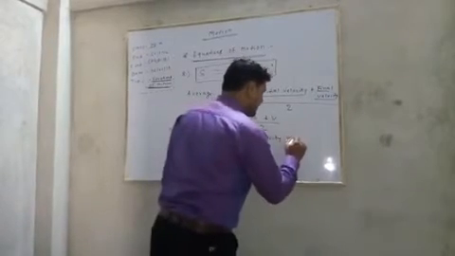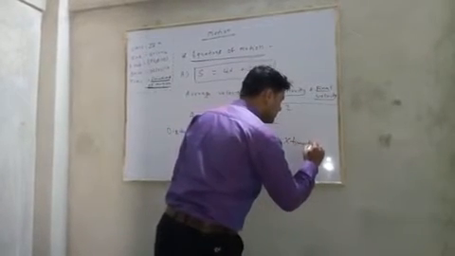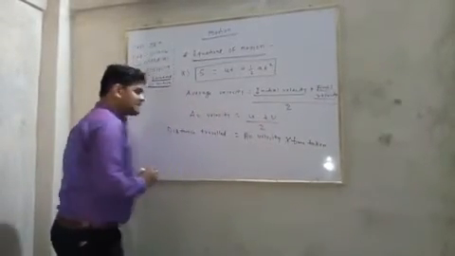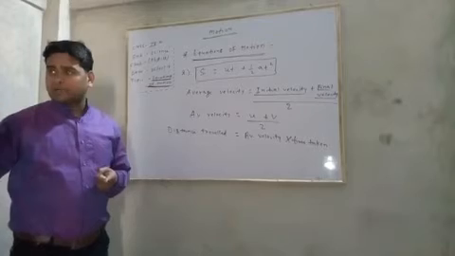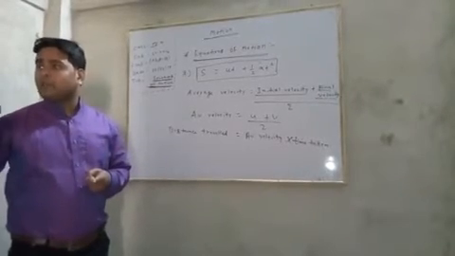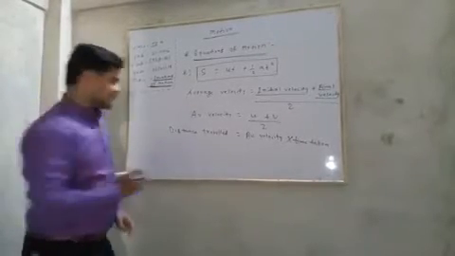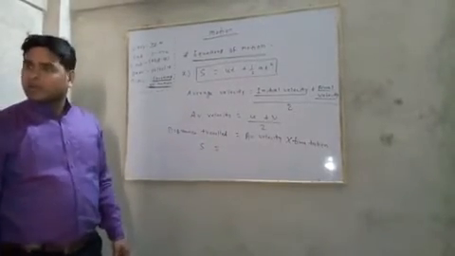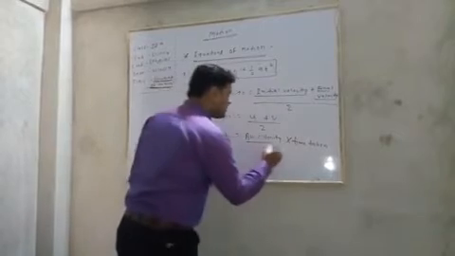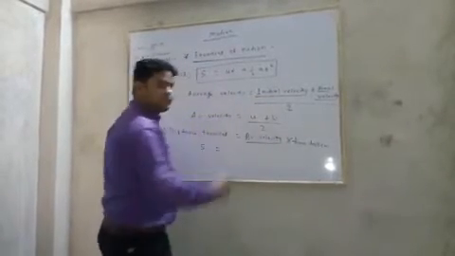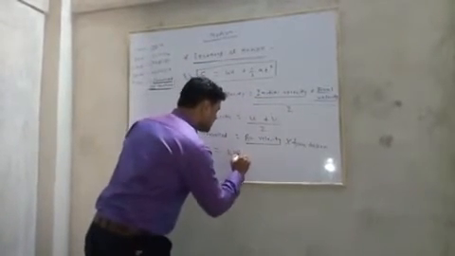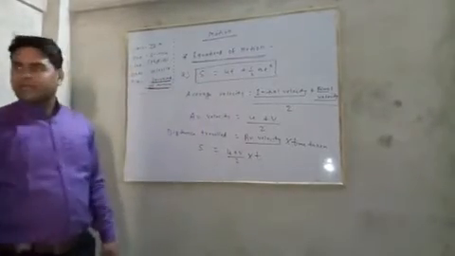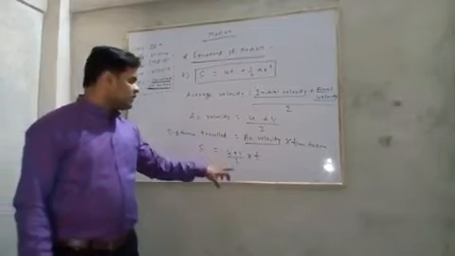Distance traveled will be denoted by symbol s, a small s. In motion it is denoted by s, not d. Average velocity is u plus v by 2, into time taken. Time taken is denoted by small t. Means s is equal to u plus v by 2 into t.